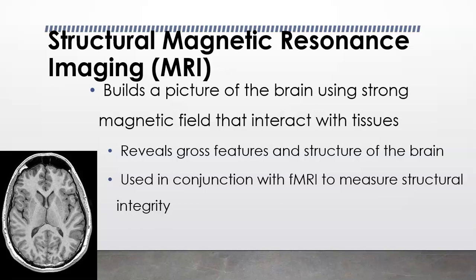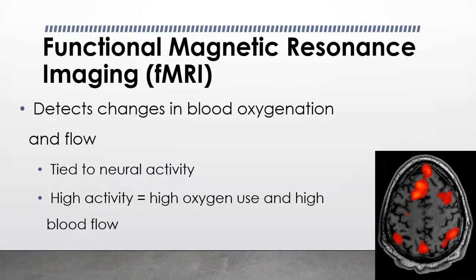So going from a normal MRI, then we have an fMRI, which is a functional magnetic resonance imaging. This is where we add on learning about the function of the brain, so what part of the brain is active. And it does this by measuring blood oxygenation and flow. So it measures the amount of oxygen in the blood and where that blood is flowing to.